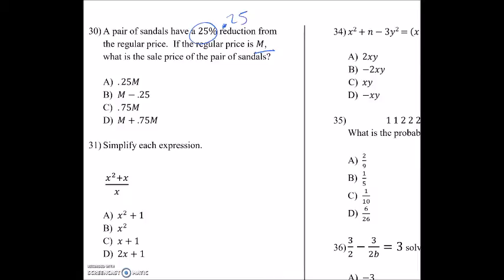So what do I need to multiply the 0.25 times to get the amount of money I'm saving? But the question is asking, what is the sale price? If I take away 25%, I am left with 75%. So that's how much you're going to pay. So my answer should be C.